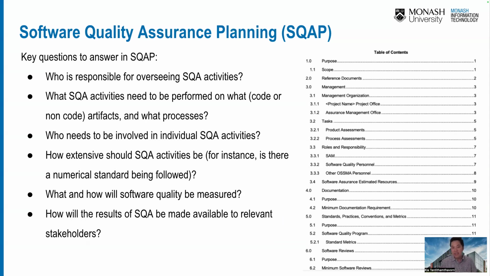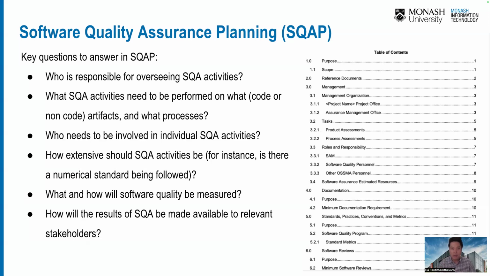What are the SQA activities that need to be performed? Should we look at the code only or the non-code artifacts as well? Okay, so quality is not only the code, but we should also look at the quality of the design, whether the class is really complex or not, high coupling, low coupling, that kind of thing. Okay, we will talk about that in the workshop today as well.